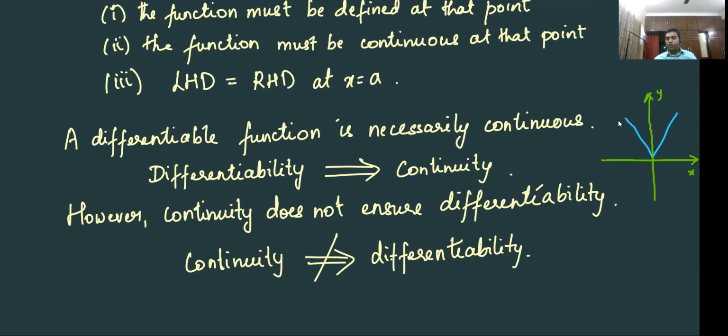You can draw this mod x graph without lifting your pen. There's no break, so continuously you can draw without having to lift the pen off the paper. However, it has a sharp corner. So here is the example where a function is continuous but not differentiable. But if a function is differentiable, it automatically implies that it is continuous.